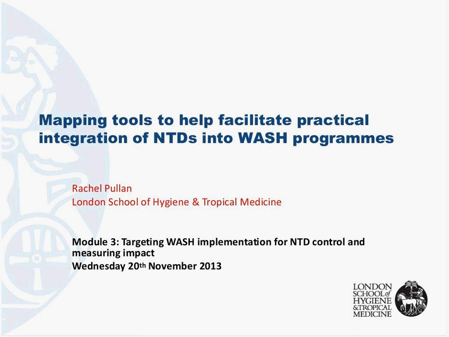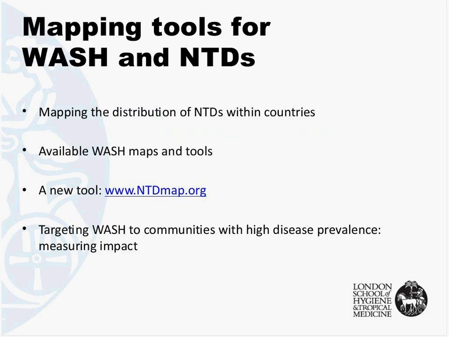What I'm going to be presenting on is a number of things. First, I'm going to introduce tools that are available to help us map the distribution of NTDs that are relevant to WASH. And then I'll talk a little bit briefly about the available WASH mapping tools.